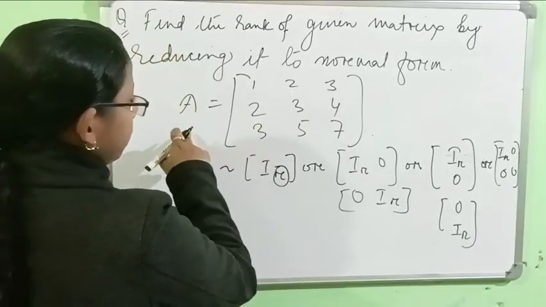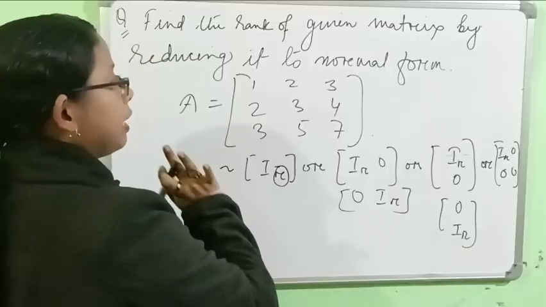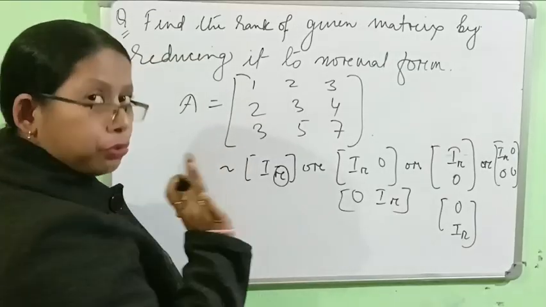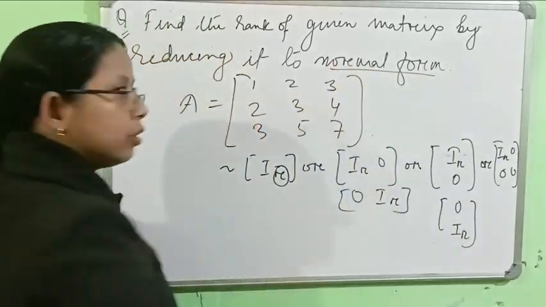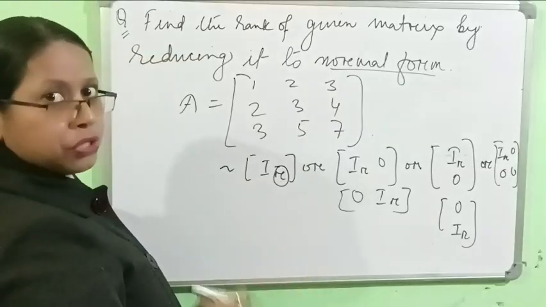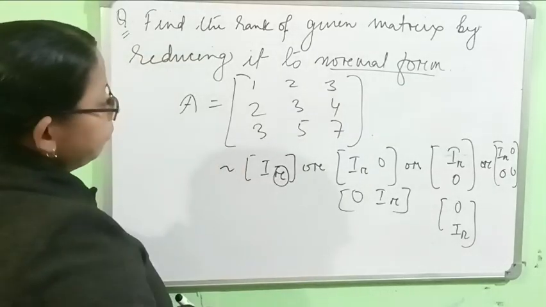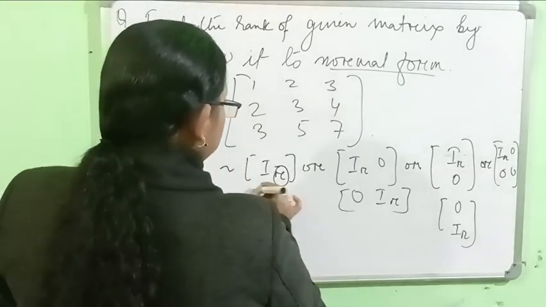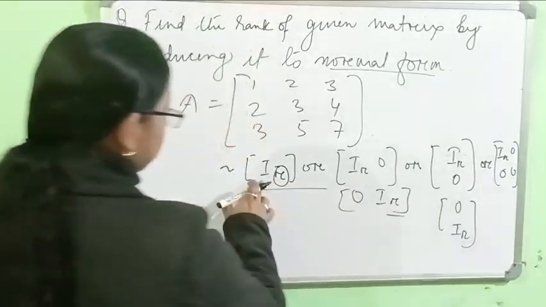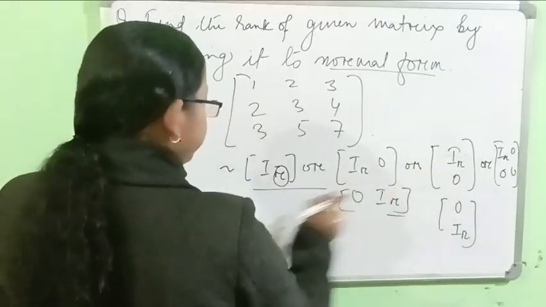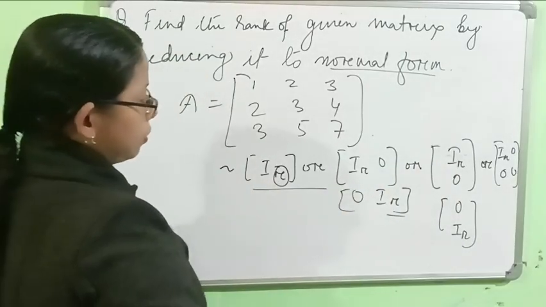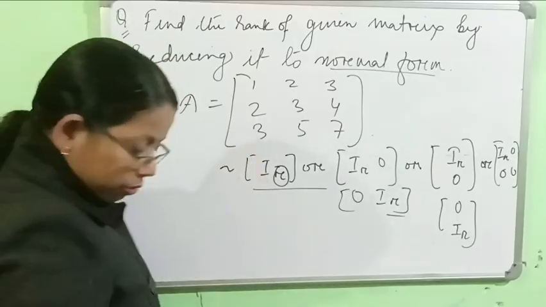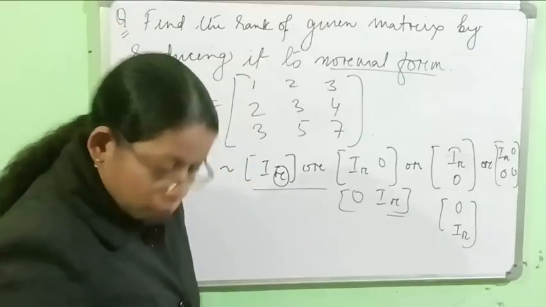We use both row and column transformations alternately. The order of the identity matrix will be the rank of the matrix. Now we are going to reduce it to any one of these forms.